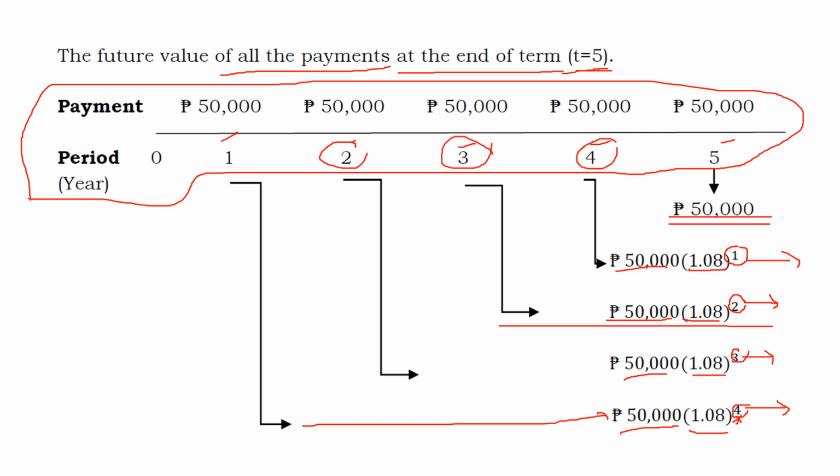So 1.08 raised to 5 minus 5 is equal to 1.08 raised to 0, and that is now equal to 1. That's why it is only 50,000 here in your fifth year of payment. So that's how we compute the future value of all the payments at the end of the term within that 5 years of interval period.